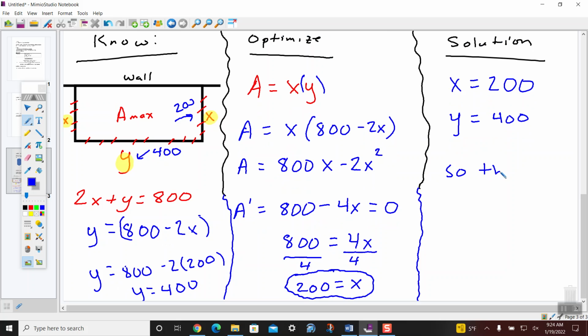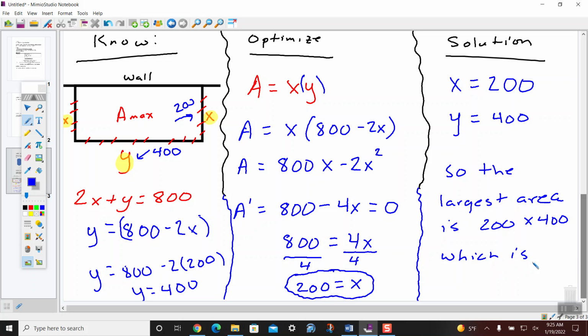So the largest area is 200 times 400. What is that, 80,000? And then what was that? Were we in meters or feet?